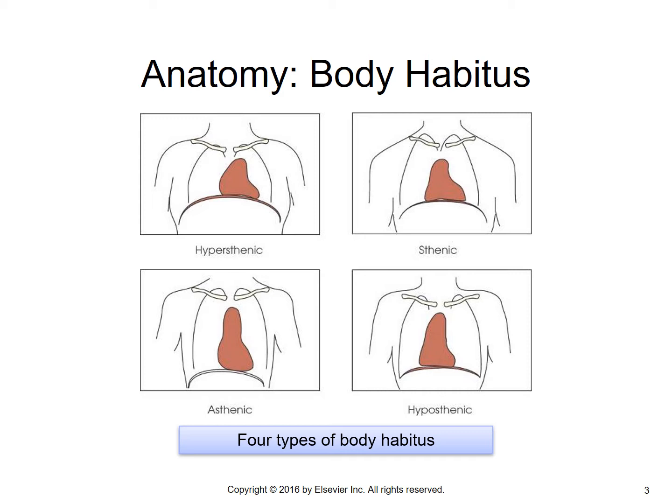Now that's going to come into play when we are taking x-rays of the chest, especially the PA of the chest, the posterior to anterior projection, because it's going to allow us to determine, are we going to put our cassette into the bucky crosswise or lengthwise, or are we going to turn the detector crosswise or lengthwise? For the hypersthenic, so we don't clip any of the lungs, we're going to put the cassette crosswise. And for the asthenic, we're going to put it lengthwise because we need that length for the longer lungs.